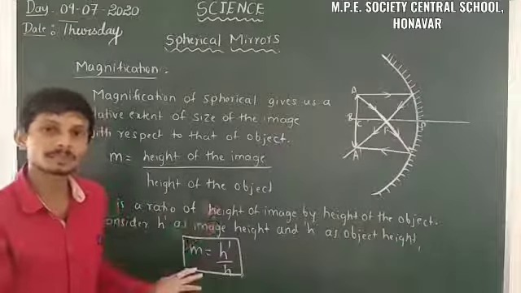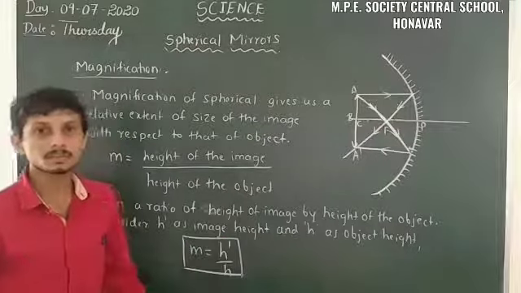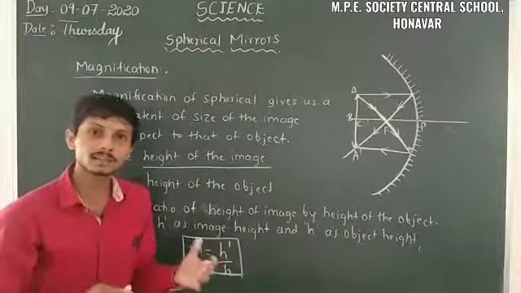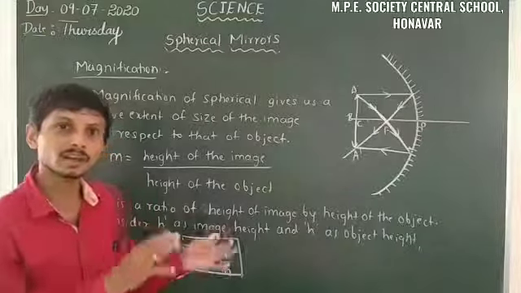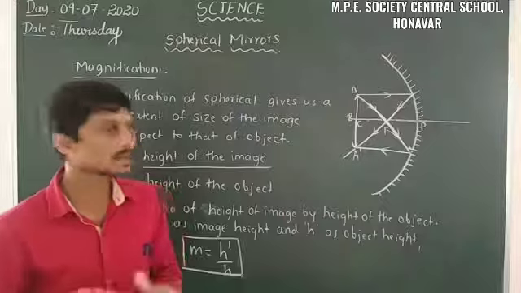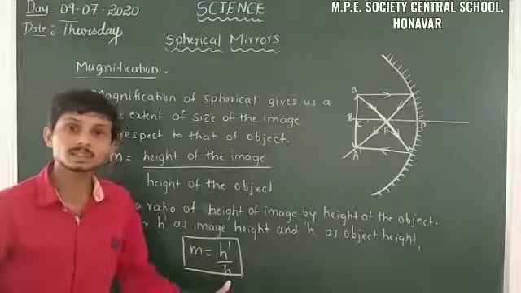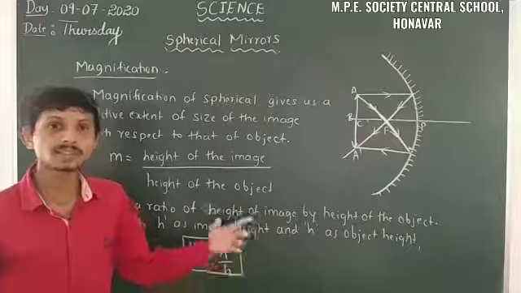From the reference of that, we have to find the value of object height or image height, or we can calculate magnification when the object height and image height are given. Then we have to take it with reference to the object distance and image distance.